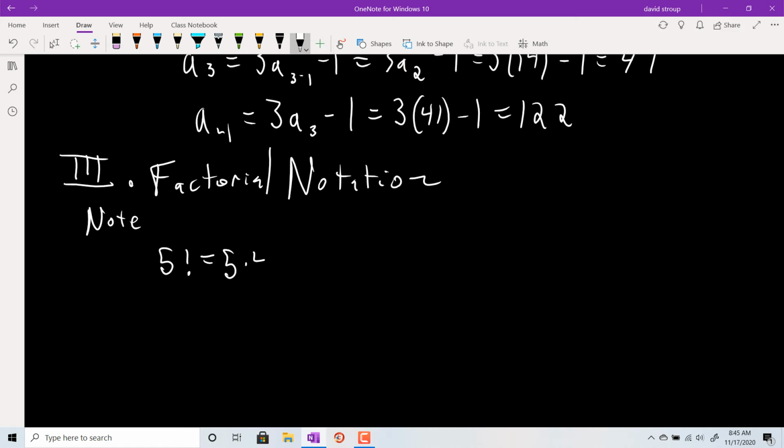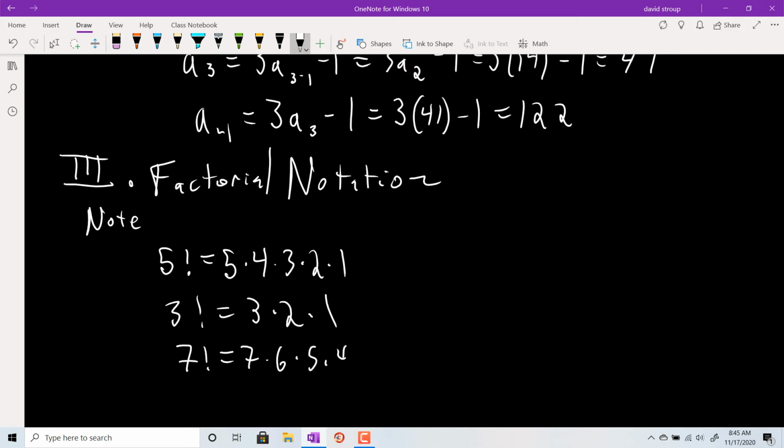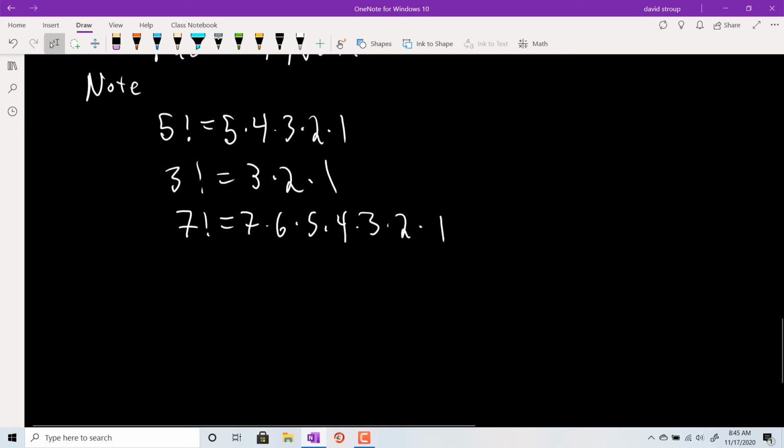So it's equal to 5 times 4 times 3 times 2 times 1. 3 factorial is equal to 3 times 2 times 1. 7 factorial is equal to 7 times 6 times 5 times 4 times 3 times 2 times 1. You get it? You seeing the pattern here?